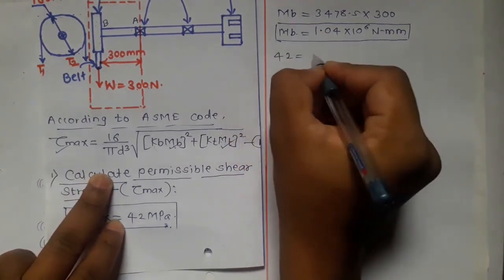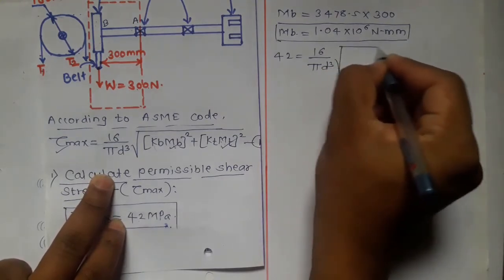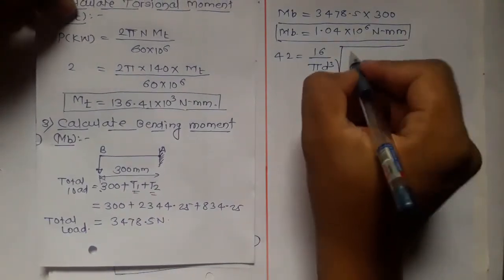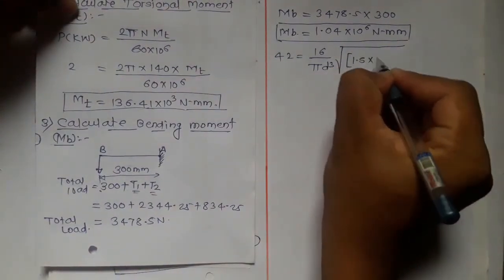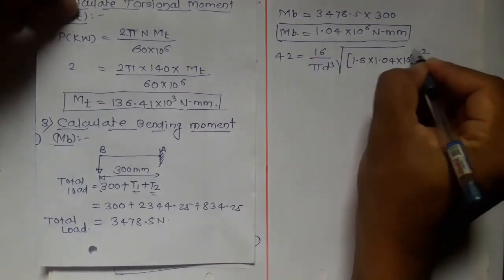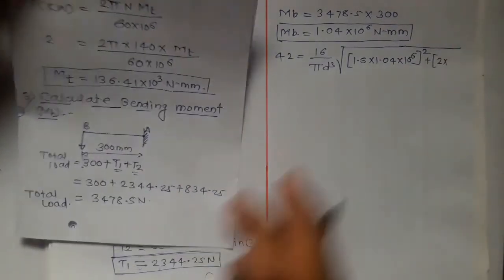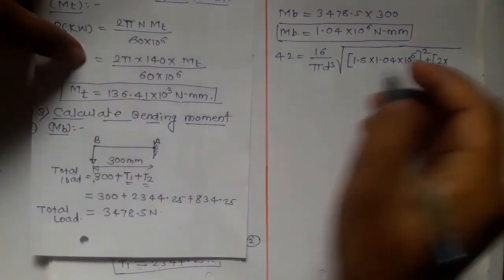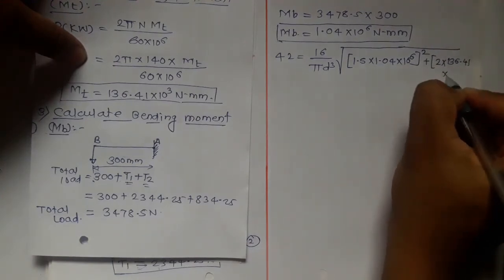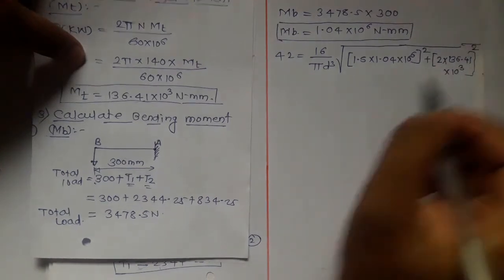So tau max is 42, equal to 16 upon pi d cube, under root of Kb, whose value is 1.5, into Mb, which is 1.04 into 10 raised to 6, bracket square, plus Kt, which is 2, and Mt, which is 136.41 into 10 raised to 3, and its square.